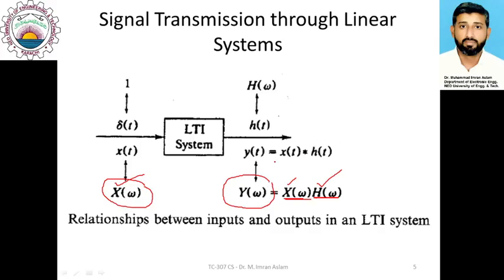If you recall from your study of the Fourier transform, whenever convolution is calculated in the frequency domain, it becomes simple multiplication. So you can see from this expression that the output in the frequency domain is calculated by simple multiplication, not convolution. But in the time domain, you need to perform the convolution.